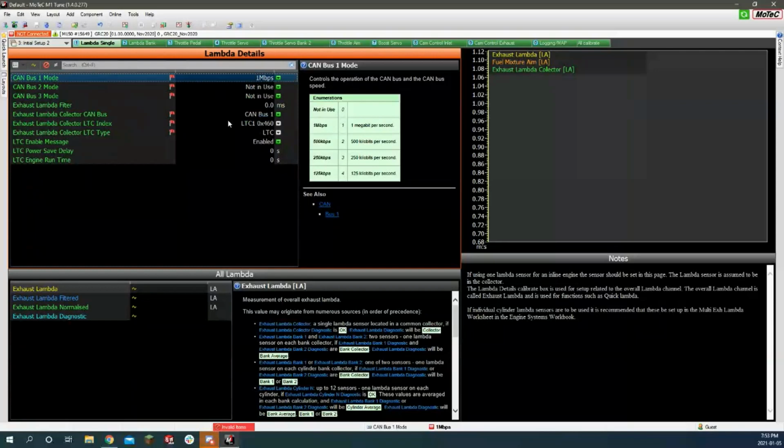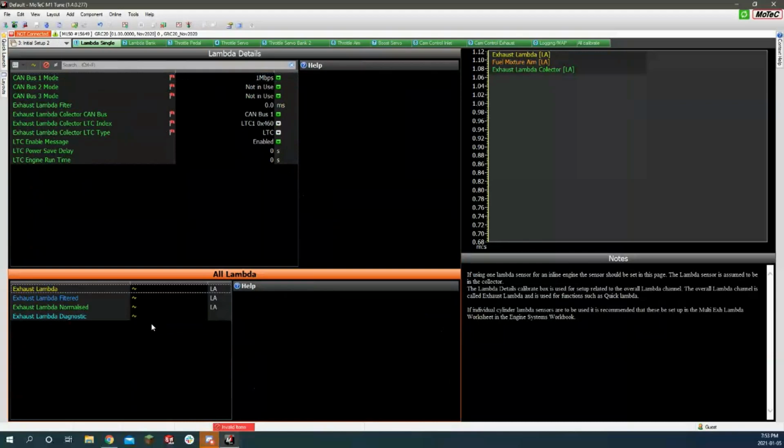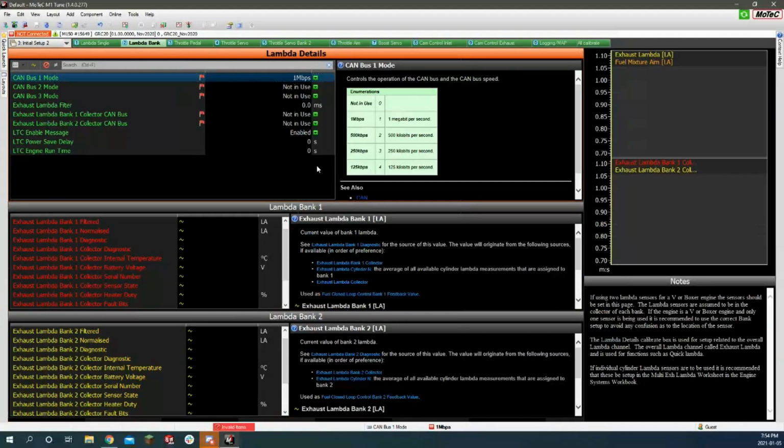Exhaust lambda. So that's basically just saying, put lambda over the first CAN bus. That stuff's not too interesting. That's just lambda info. More lambda info. It's not really applicable to us. So this is if you have 2 banks of cylinders.